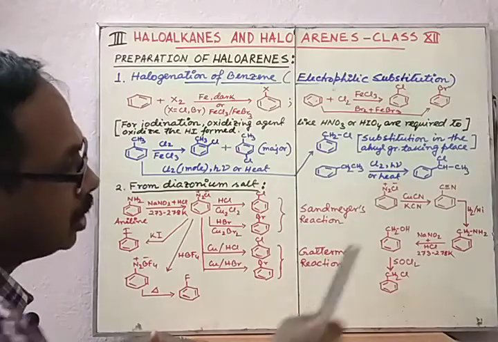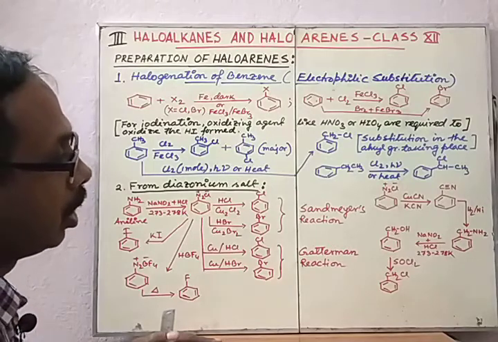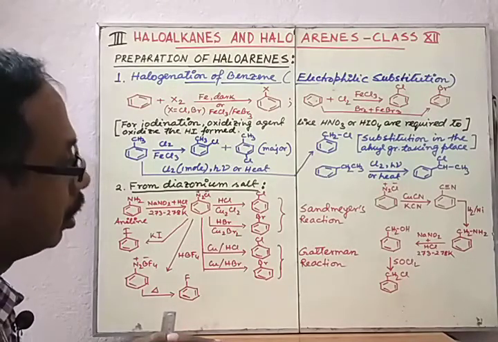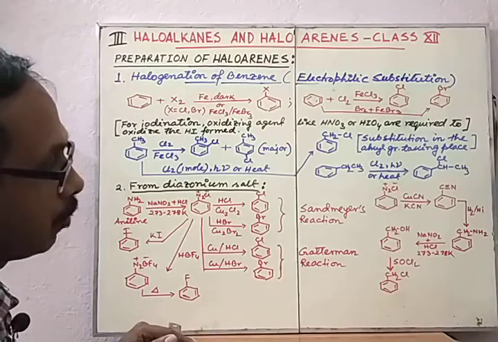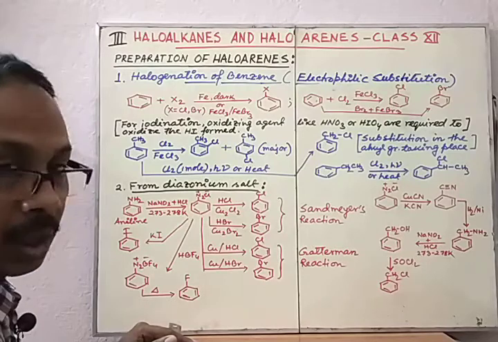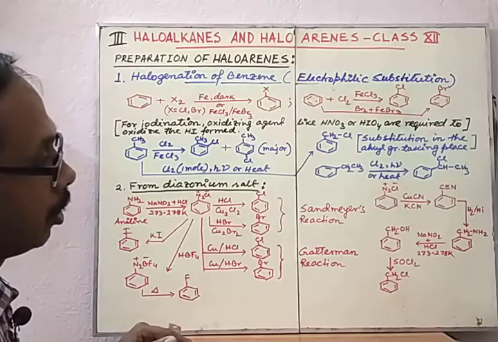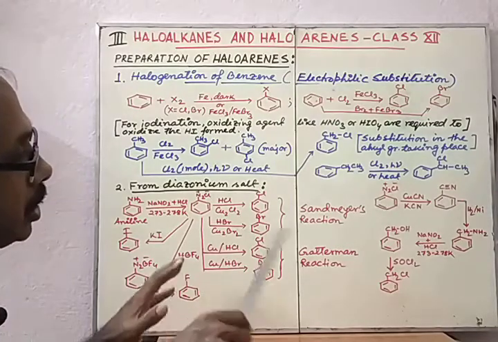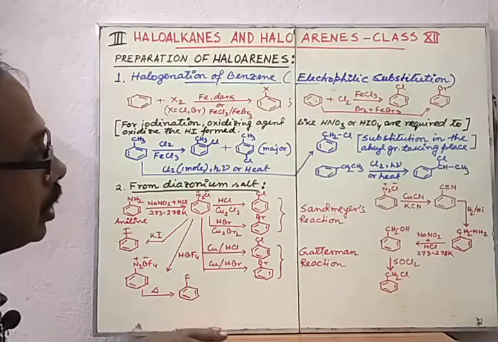Okay, so these are some transformations that we need to learn during the process of learning this preparation of haloarene as well as substituted halogen compounds of aliphatic compounds. So these studies can be carried out side by side.